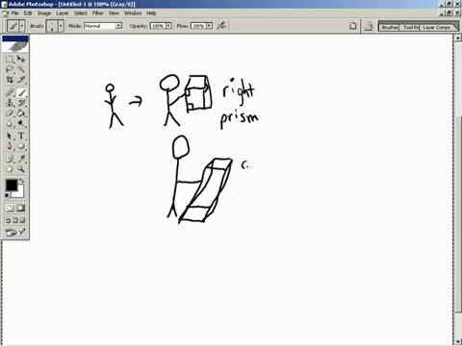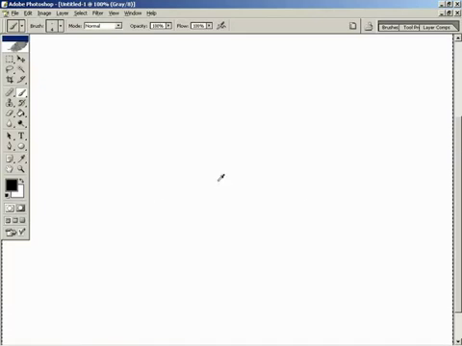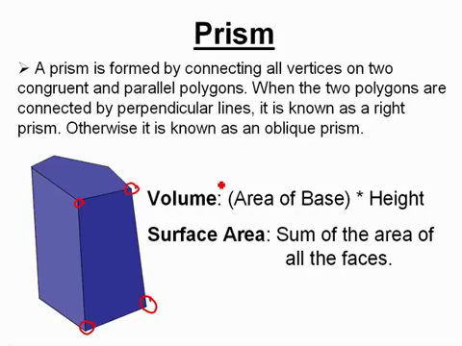And here, when it's an oblique prism, that's not the case. There's no 90-degree angles in the lines connecting the top polygon to the bottom polygon. So I'll just clear out this Photoshop and jump back to our PowerPoint slides.